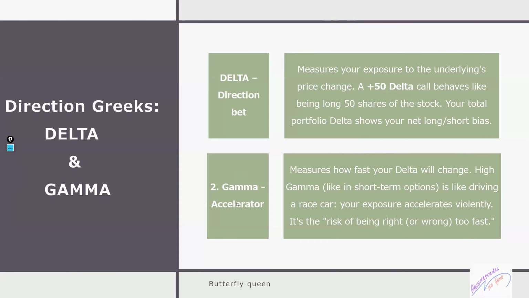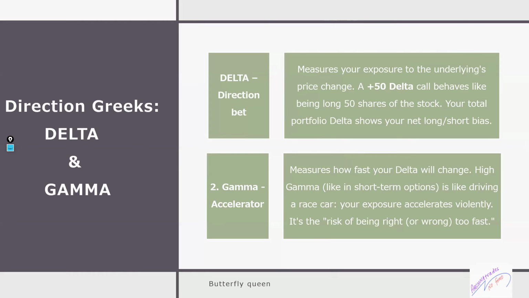Next is gamma. Everybody talks about gamma. It is how fast your delta will change. It is the accelerator. This is the exponential leverage that you get with options. But if you do not know, it can go the other way too. Exponential means either you have exponential growth or exponential decay in your portfolio. High gamma, like in short-term options, is like driving a race car.